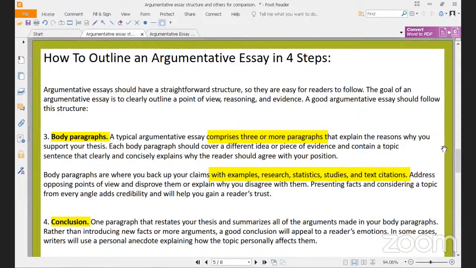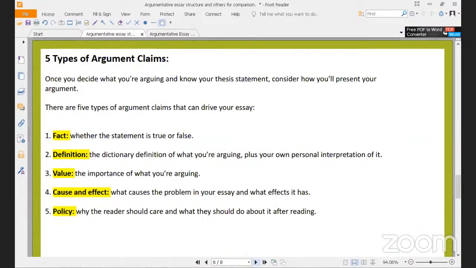Okay. So let's see. So up to here. This is something that will help us with the next paper. 5 types of argument claims. Once you decide what you're arguing and know your thesis statement, consider how you present your argument.